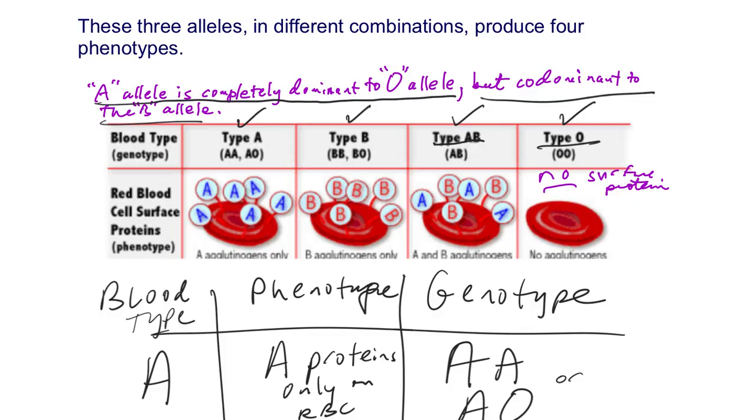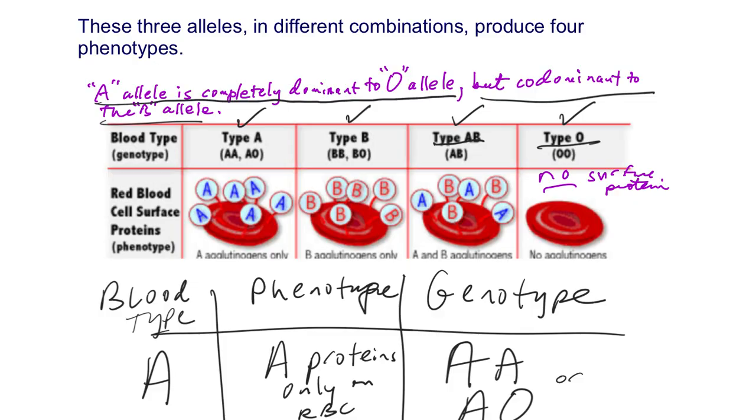And when you have red blood cells, if you have the A allele and the B allele, you're going to produce the A protein and the B protein, and you're going to have red blood cells with both A and B on them, just like you have flower petals with both white and red pigment.